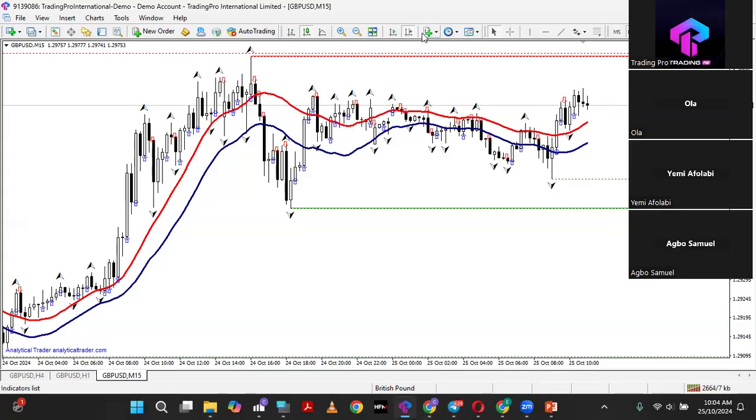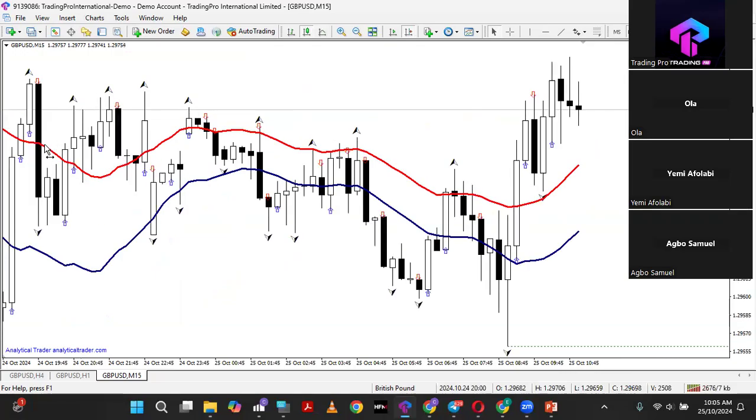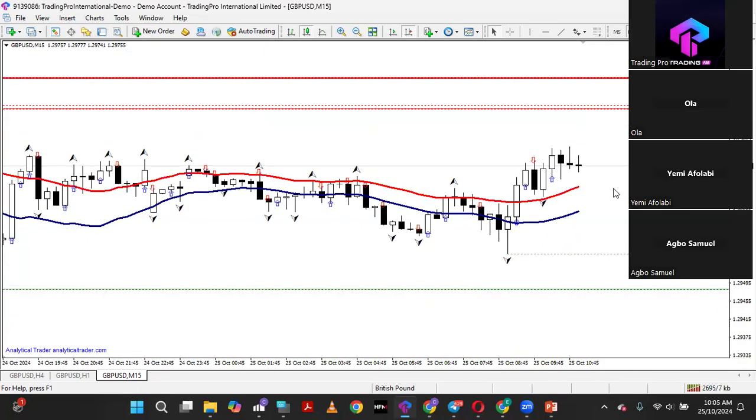Now, this is where your filter saves you. Because if you look at this now, the momentum indicator has showed you sell. If you took this sell, they would have hit your stop loss because you are not yet safe to sell. You need to see the candle close below the lower band and you execute your sell.